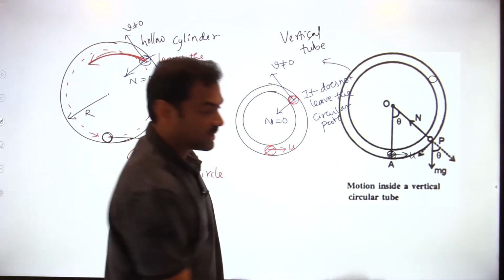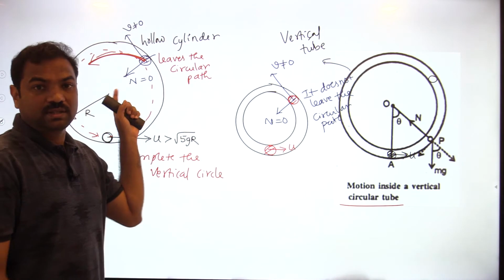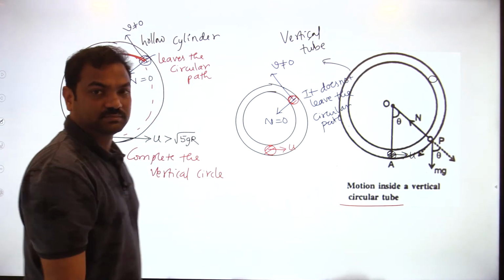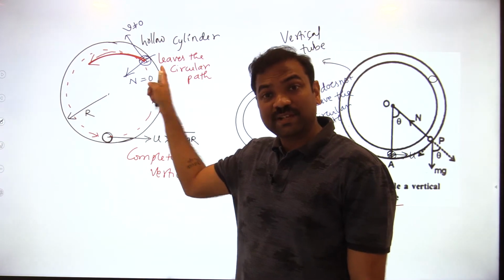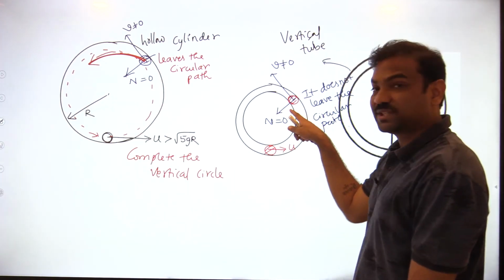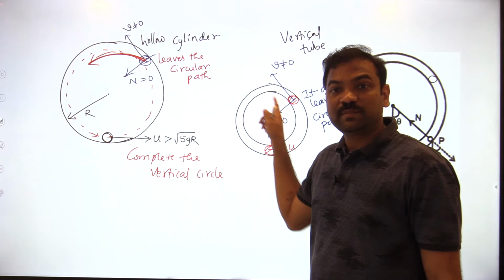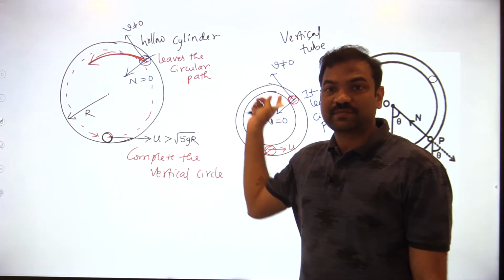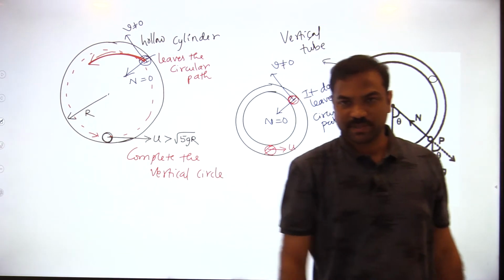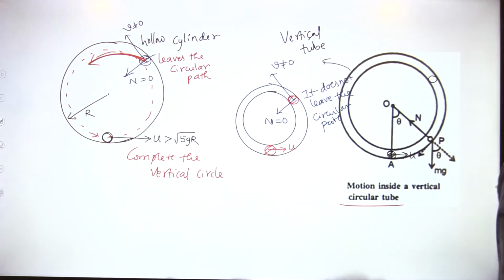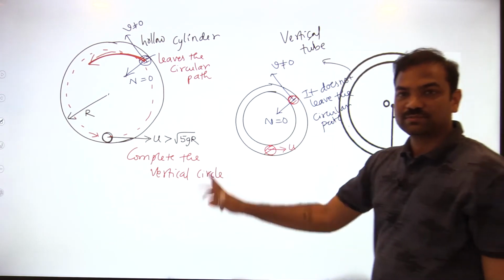This is a circular tube, and that is only a circular track. When normal reaction is 0 here, the particle will leave the circular path, but in the tube, even if normal reaction is 0, the particle won't leave the circular path. Why? Because there is an inner surface. You have to take a tube something like this, so that you can at least imagine it. So that is the difference between these two.